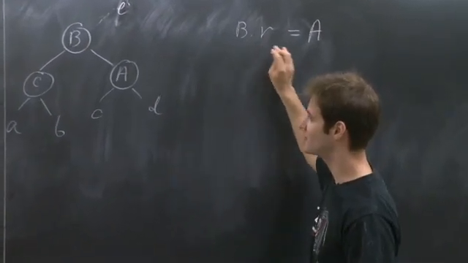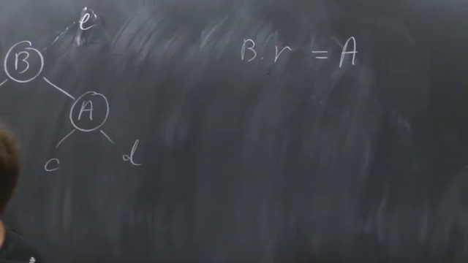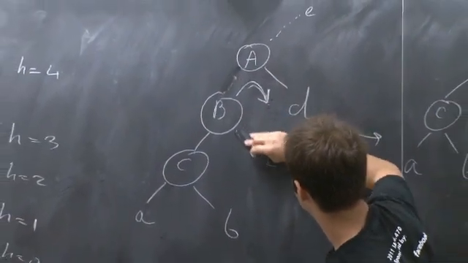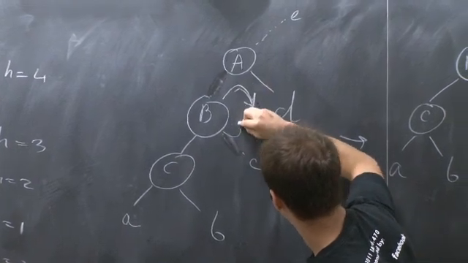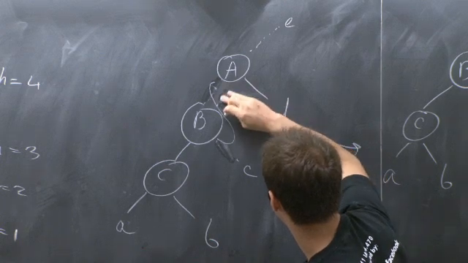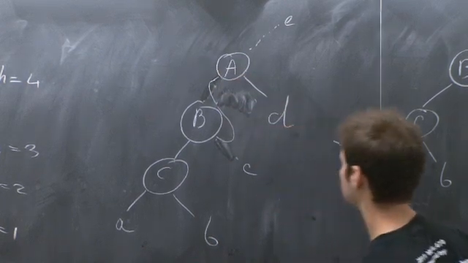So B's right becomes A. So it's going to be like this. Let me erase this confusing arrow. Okay.